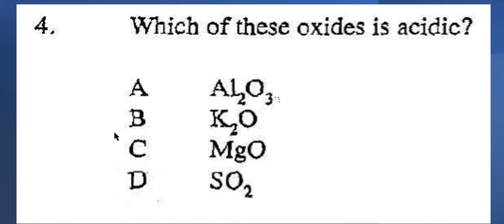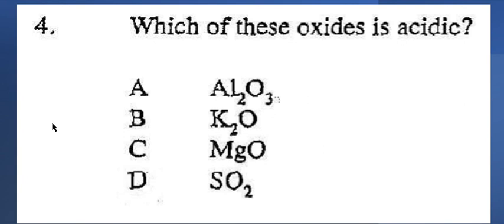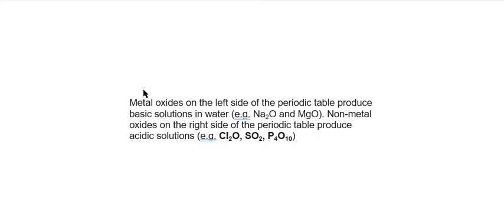Now look at the next question. Which of these oxides is acidic? So first, see that metal oxides on the left side of the periodic table produce a basic solution in water. Okay, when we dissolve them, they form, for example, sodium oxide and magnesium oxide.